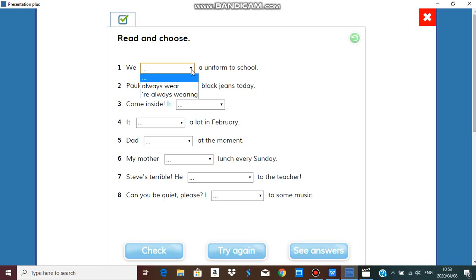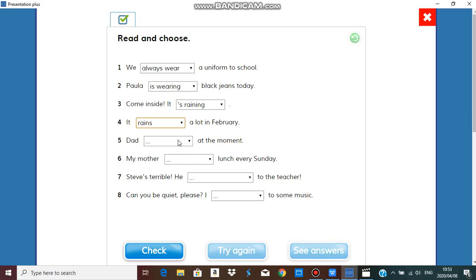We always wear, or we're always wearing, a uniform to school. We always wear a uniform to school. It's not happening now. It's a routine. Paula is wearing or wears. Paula is wearing black jeans today. Come inside. It's raining or it rains. It's raining. It rains a lot in February.